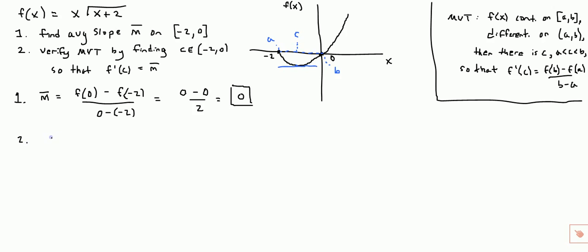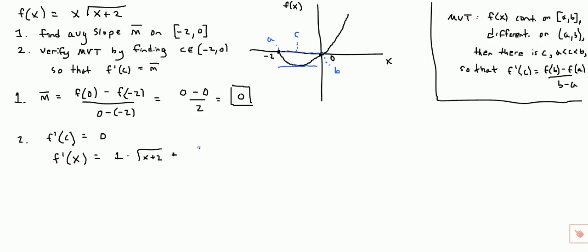Well, we want f prime of c to be equal to the average slope, which is 0. Okay, so we have f of x. Let's take f prime of x. So this is going to be a product rule. So the derivative of x is 1. We multiply that by square root of x plus 2, leaving that alone.